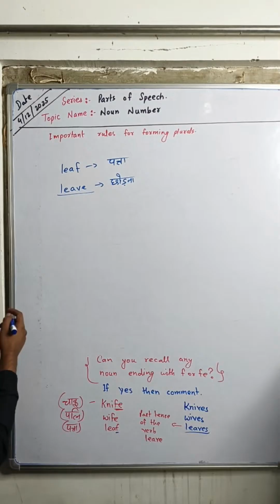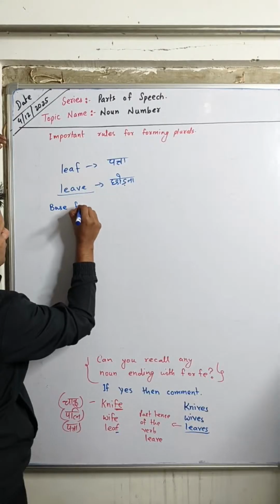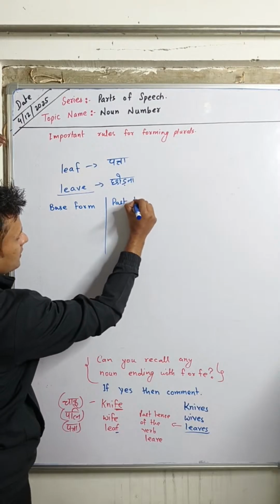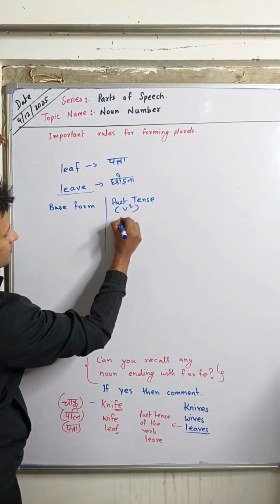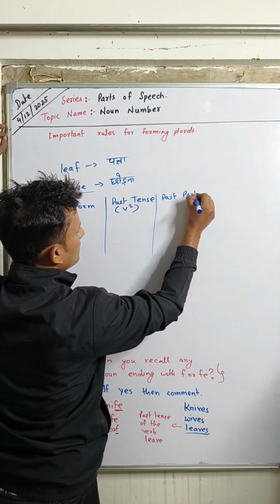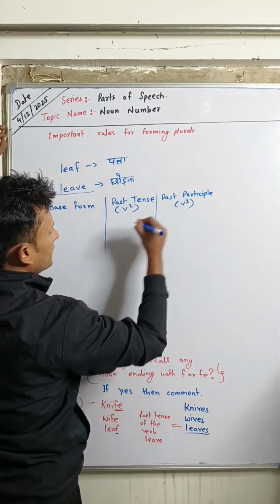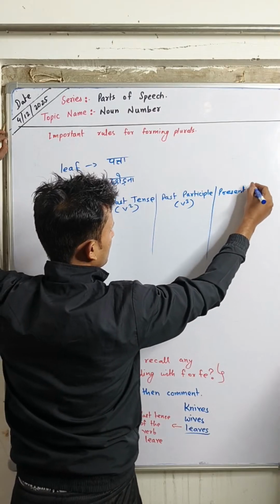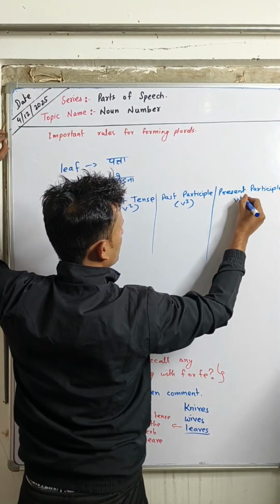So the base form, the second one is past tense, that we know by another name V2, and the third one past participle, that we know as V3. Present participle, V4.